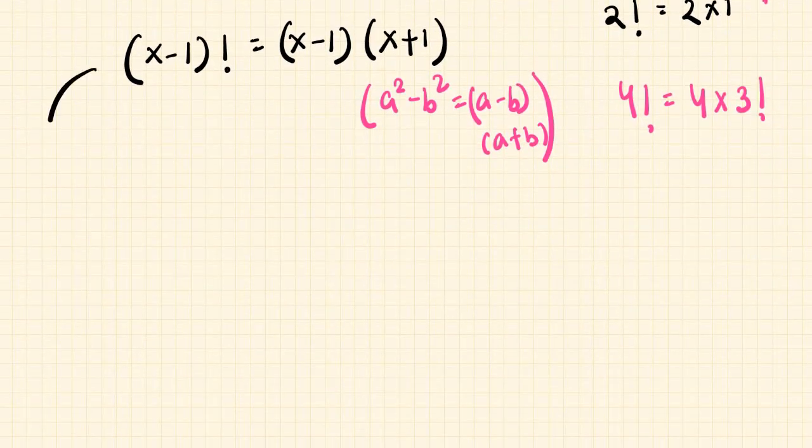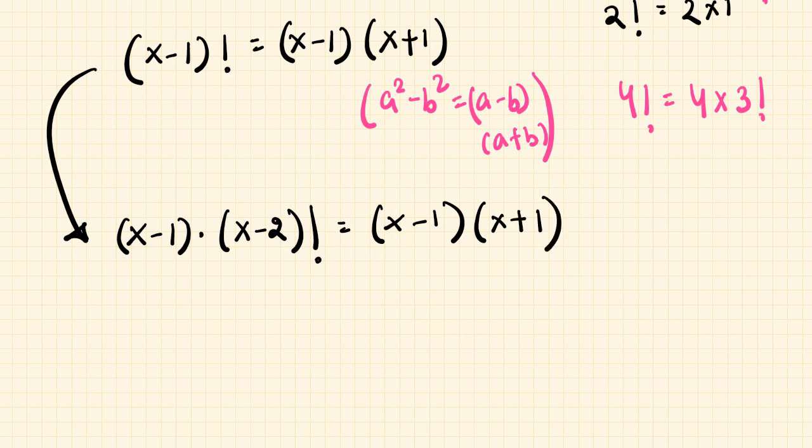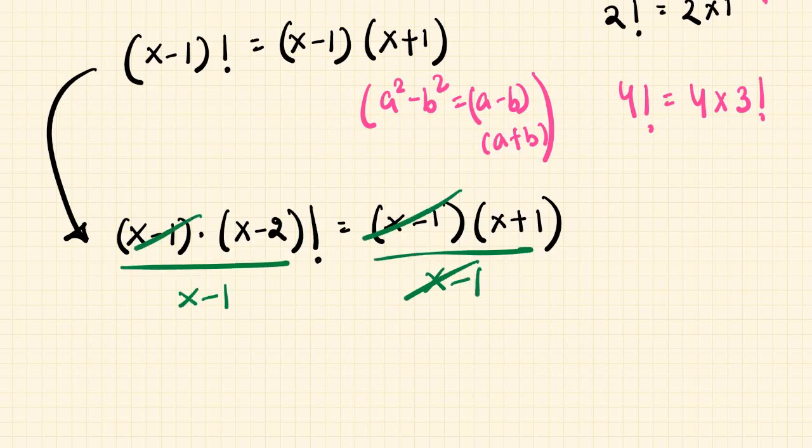This part can also be written as, again, the number itself times the previous number's factorial, so x minus 1 as it is, x plus 1 as it is. We can cancel x minus 1 as well, by dividing both sides by x minus 1. So x minus 2 factorial is equal to x plus 1.